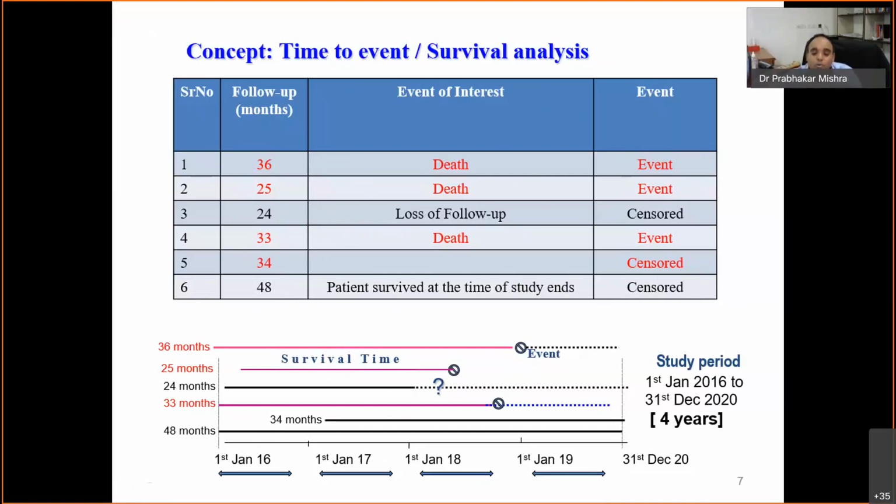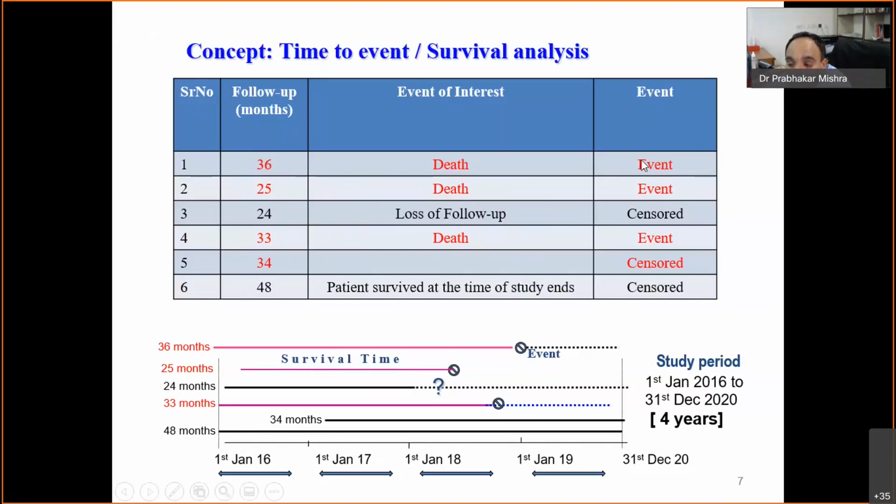That is not our interest. Our interest is how many months or years the patient was in the study. So duration is very important for us. The duration and corresponding event of interest should be recorded. This type of follow-up data is recorded.